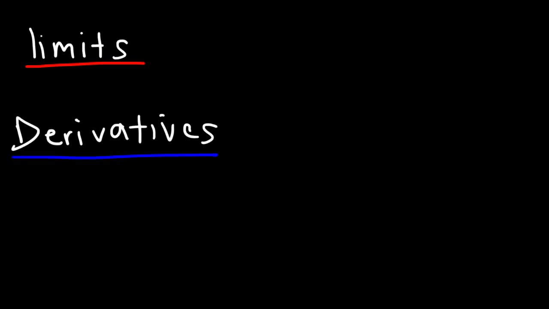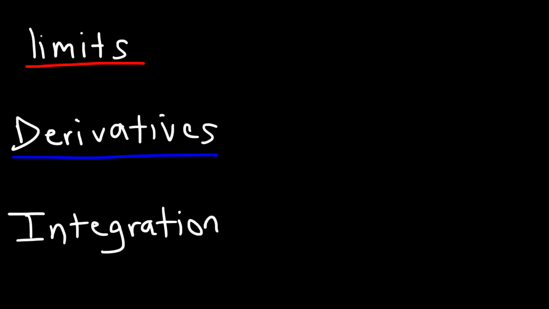And remember, the instantaneous rate of change is equivalent to the slope of the tangent line at any instant of time. Now you can approximate the slope of the tangent line using the slope of the secant line, which is equivalent to an average rate of change between 2 points. Finally, we have integration, which is a process that allows us to determine how much something accumulates over time.